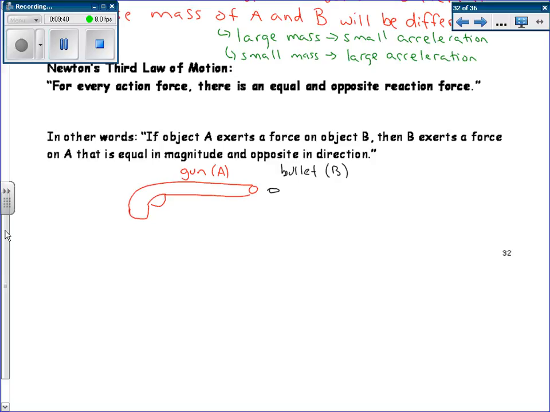That recoil is a result of Newton's third law, because there is a force of the gun on the bullet going that way, and then there's an equal but opposite force of the bullet on the gun going the other way.